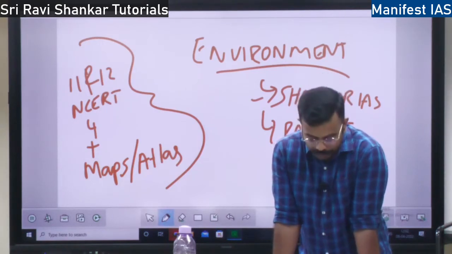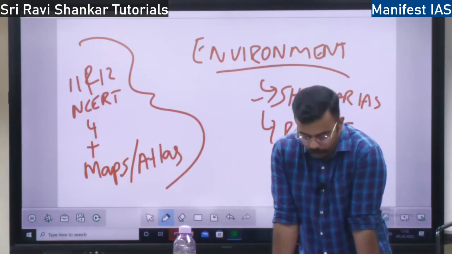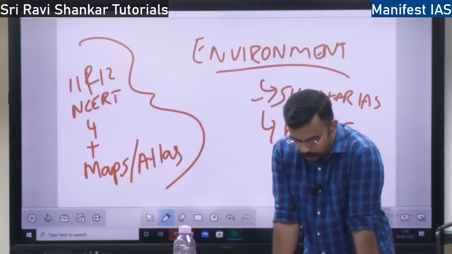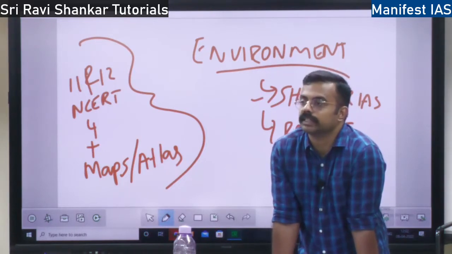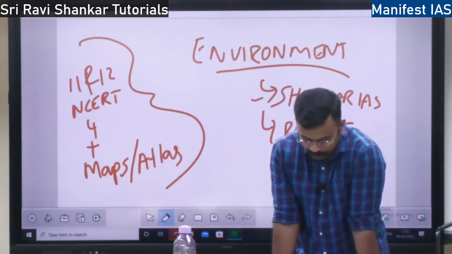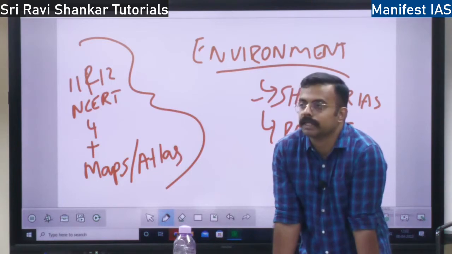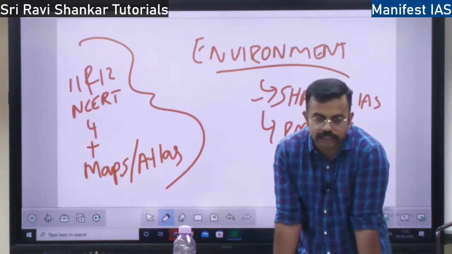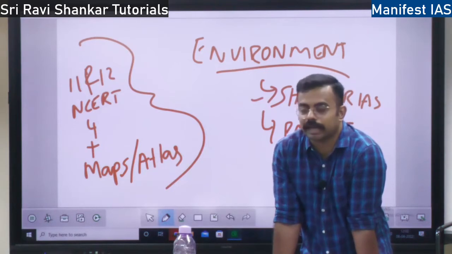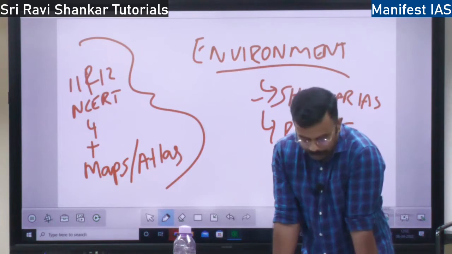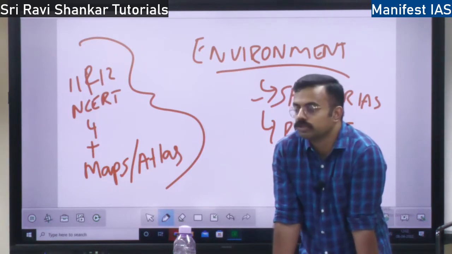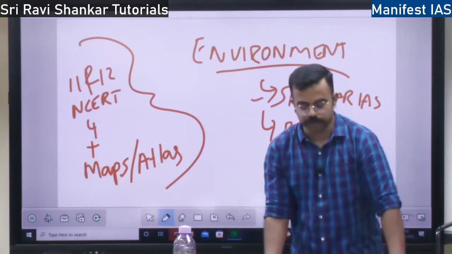In which area they are living, what is the pattern of the population, and how much they are dependent on the environmental factors, that is the pressure, temperature, rainfall, water, moisture, all these things, and also the role played by the organism. Suppose I am an organism, what is the role I am playing in a particular ecosystem, or in a particular area. So all these things come under the structure of the community.